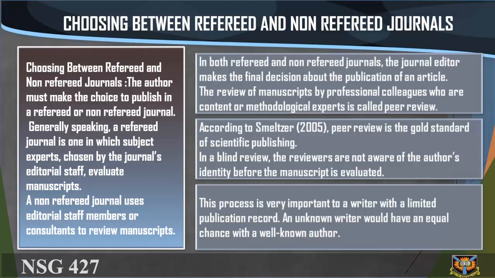In a blind review, the reviewers are not aware of the author's identity before the manuscript is evaluated. This process is very important to a writer with a limited publication record. An unknown writer would have an equal chance with a well-known author.